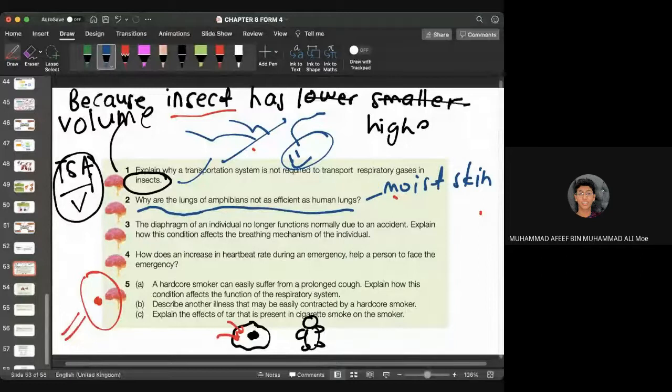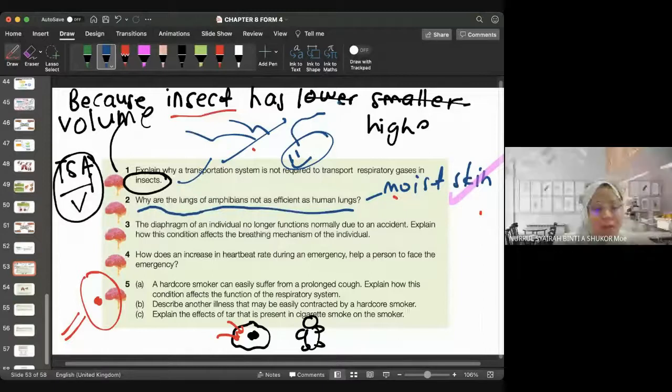Only a little part of gas exchange is performed by the amphibian lungs. So in conclusion, human lungs must be more efficient than amphibian lungs because they are used more frequently. Yes, very smart.